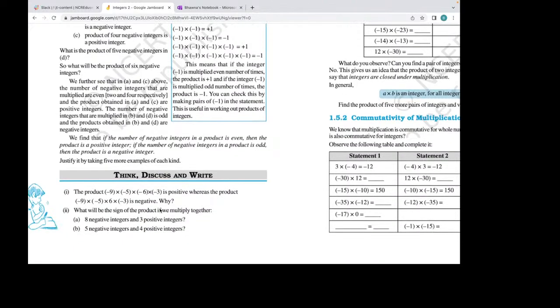So I hope that is clear to all of you. Now let's take one example. The product minus 9 multiply minus 5 multiply minus 6 multiply minus 3 is positive, whereas the product minus 9 multiply minus 5 multiply 6 multiply minus 3 is negative.